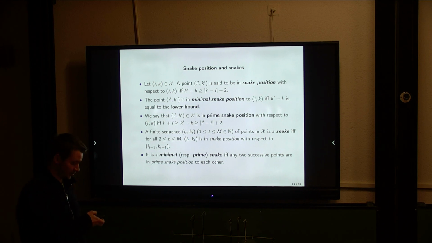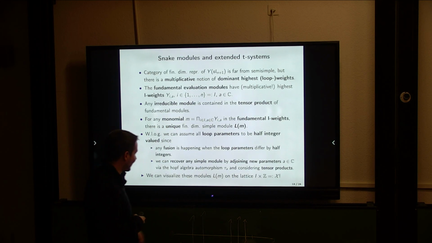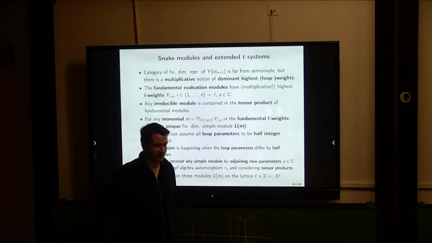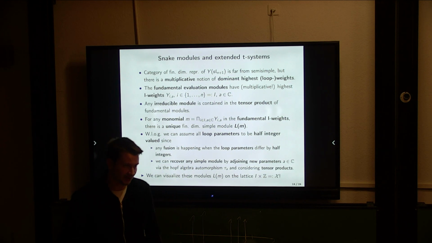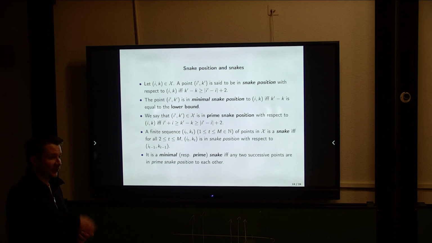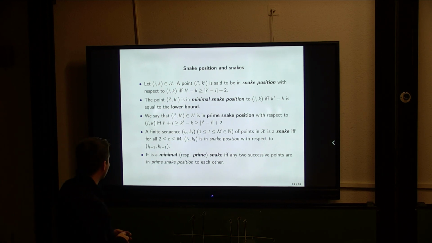And sorry, maybe I didn't stress this enough. i is just the number of nodes in the Dynkin diagram of SL_N. Okay. k is related to the degree in the loop. It is related to the half integer valued parameters that I just assumed. Okay.